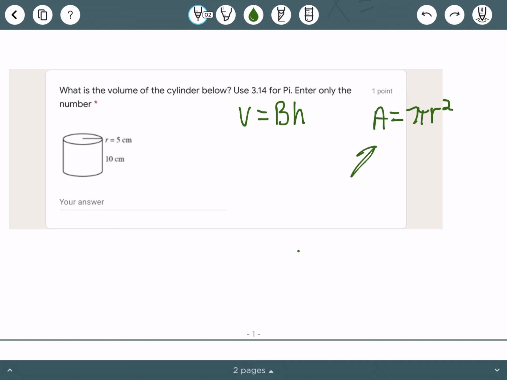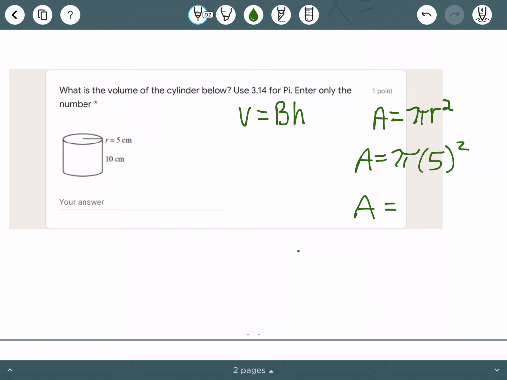As you can see here, I have the formula for area of a circle. Area of a circle is pi times the radius squared, and the radius here is 5 squared. If we plug that into our calculator, remember it told us to just use 3.14 for pi.